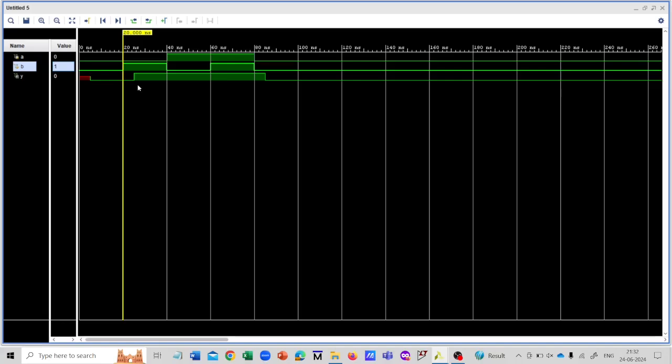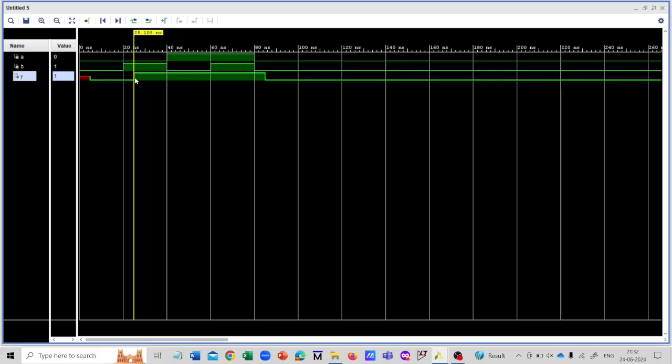Whereas in this case, the expected transition of the output Y in response to the change in the input B is shown at the time instant 25.105 nanoseconds. And I think you would have guessed the reason for this.